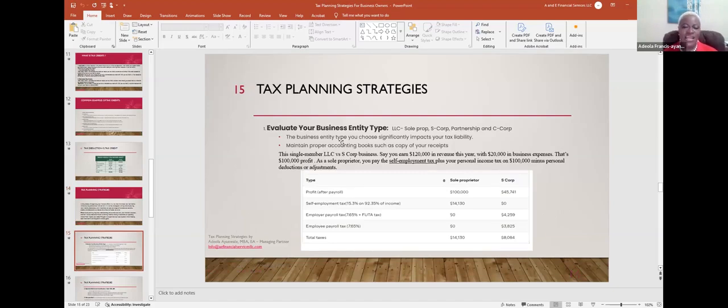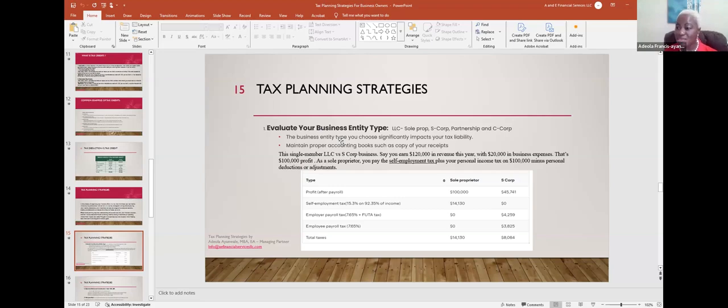Now, the first thing in tax planning strategy is evaluating your business entities. What type of business entity do you have as a business owner, right? Because most of the time, the mistakes we make as business owners earning income is we do not understand how the business entities that we choose affect our tax liability.